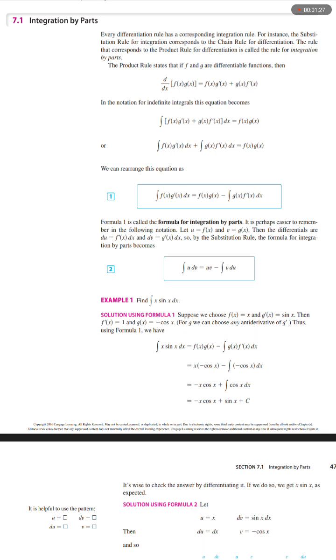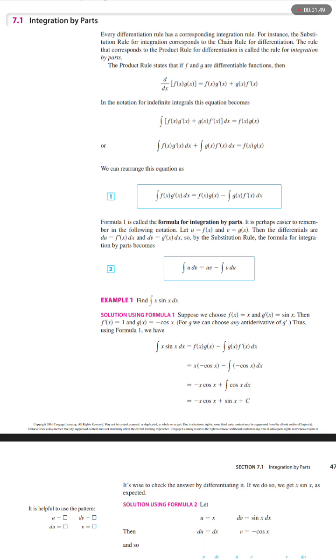equals f(x)g(x), or the integral of f(x)g'(x) dx plus the integral of g(x)f'(x) dx equals f(x)g(x).